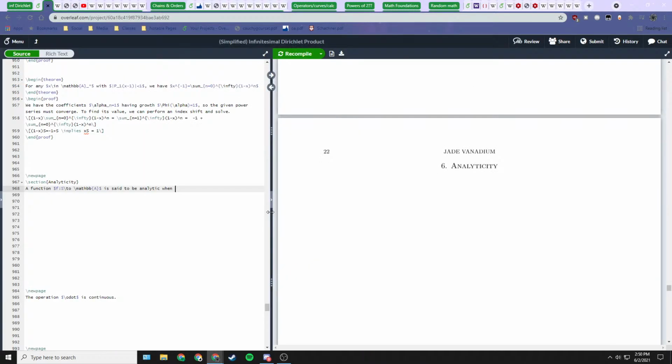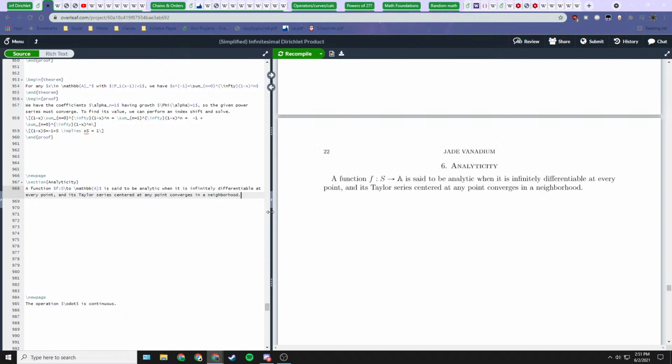Okay, so we'll say then it is infinitely differentiable at every point, and these Taylor series centered at any point converge in the neighborhood.